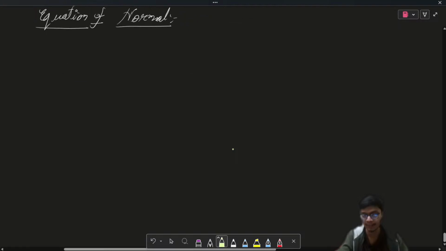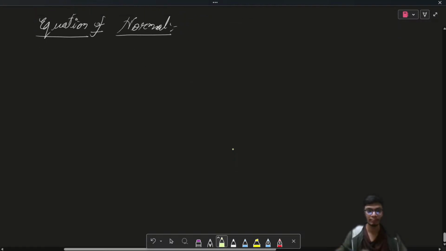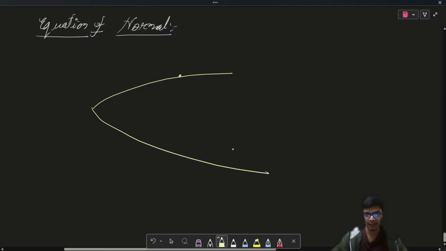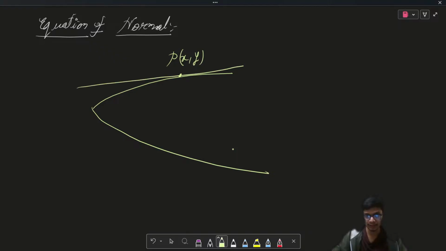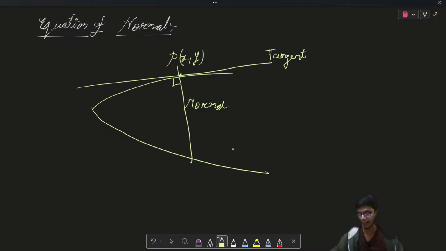If I take the simple parabola, this is our parabola. At any point P, which is given as x comma y, as we know, normals are nothing but perpendicular to the tangents. So this is how the normal would look, perpendicular to the tangent.